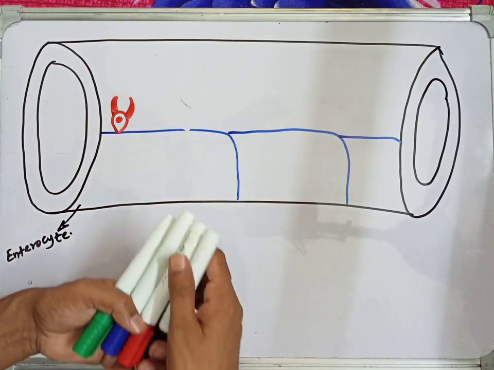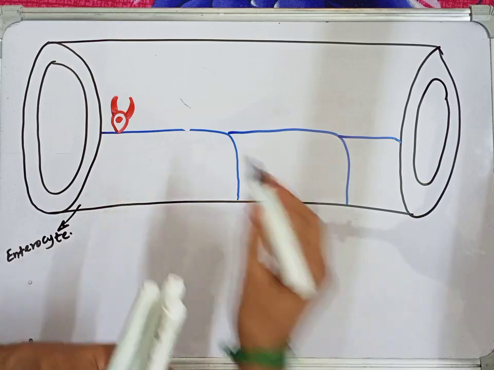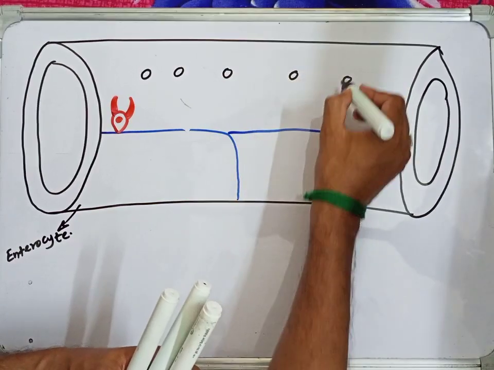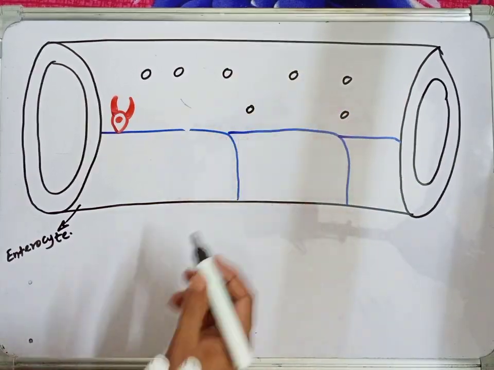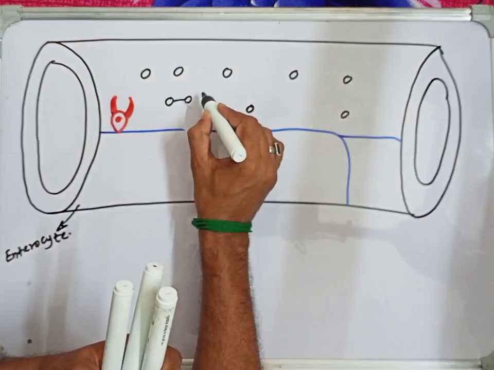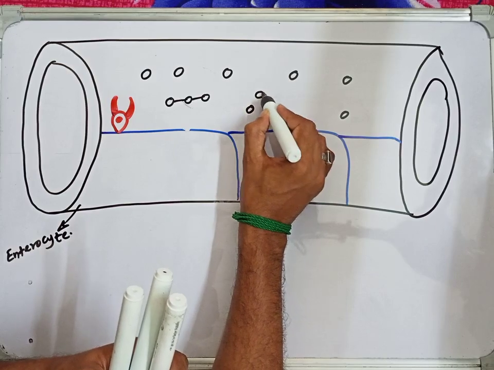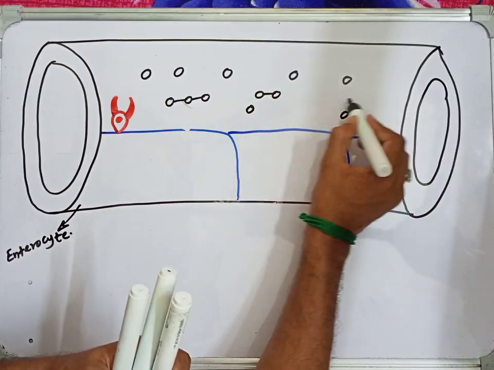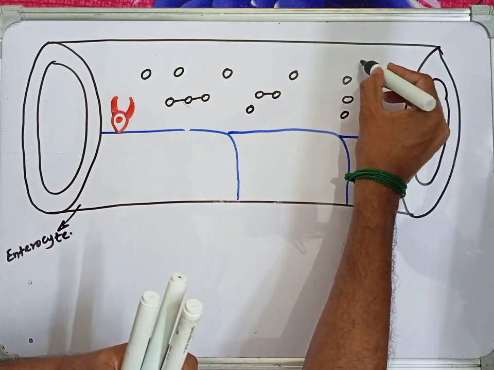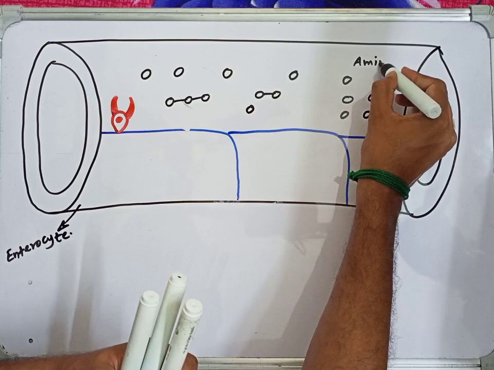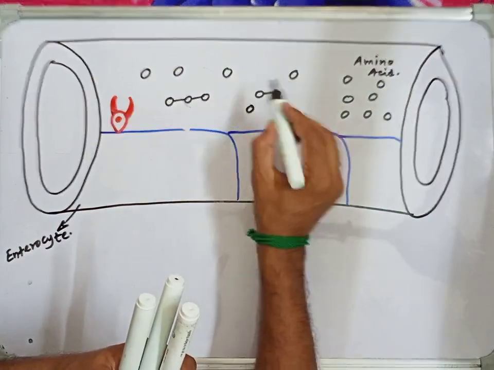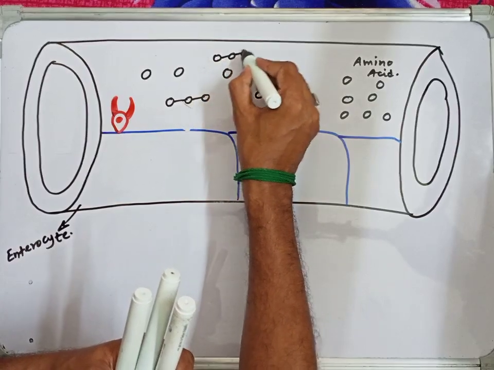And after the function of all those enzymes, there is production of lots of free amino acids, and there is also presence of some dipeptides, some tripeptides, and lots of amino acids as well, right?